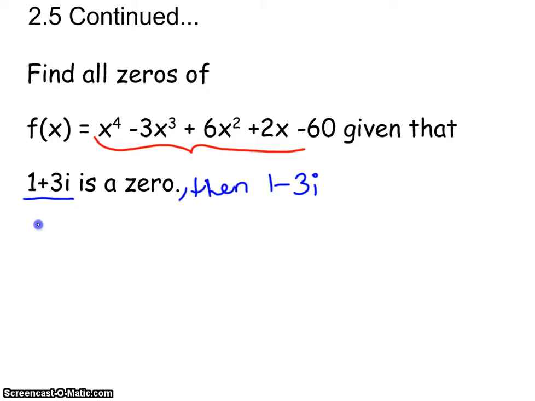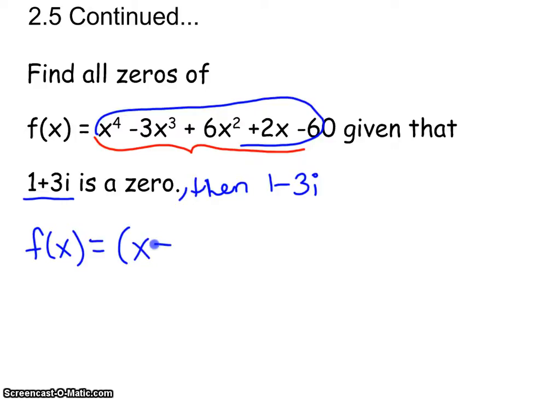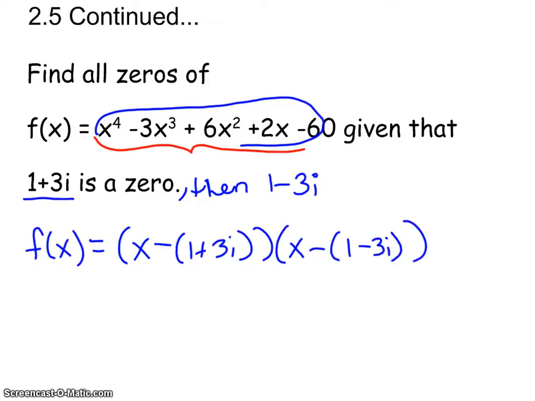Remember, the factors were, I'm just going to put f of x, and that's going to refer to the entire equation up here. x minus (1 plus 3i) times x minus (1 minus 3i). And I'm going to multiply that. Distribute the negative.